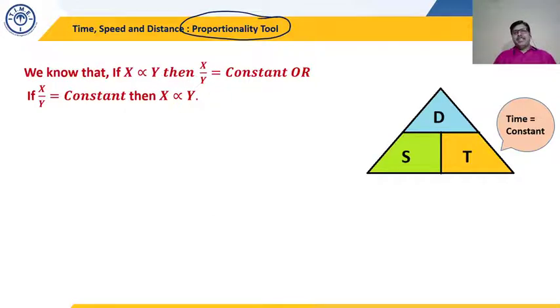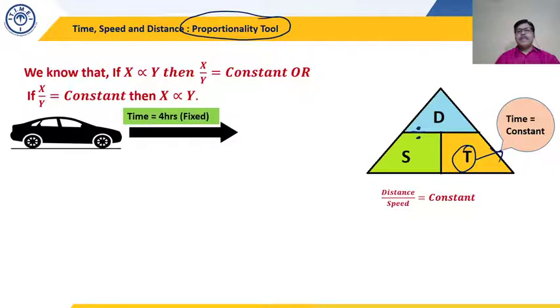So if your time is constant, it means distance divided by speed is constant. Can I say if distance over speed is constant, then distance is directly proportional to speed?